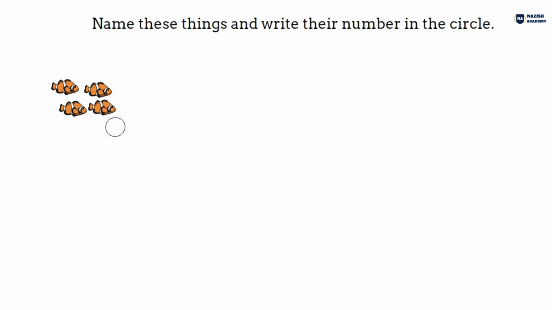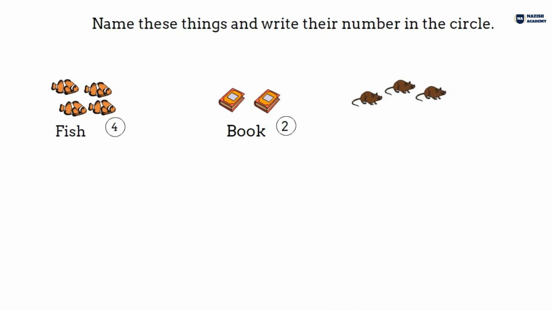What is this? Yes, fish. And how many fishes? Yes, 4. And tell me, what is this? Yes, book. How many books? 2. And tell me, what is this?